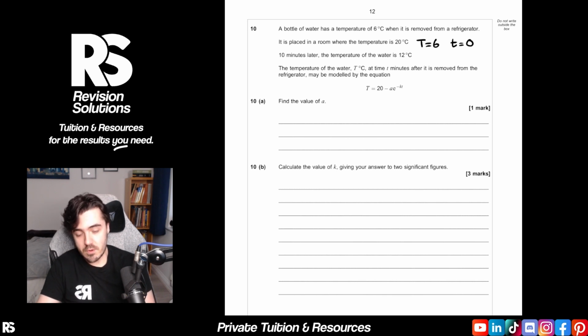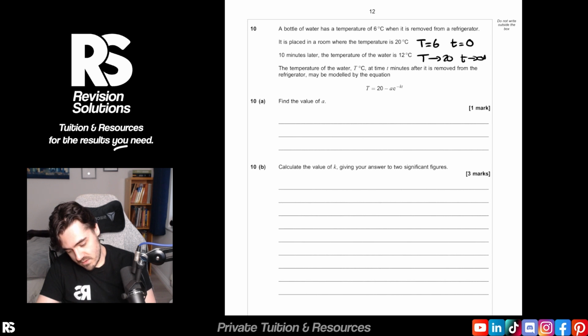That would make sense for a bottle of water. So we'd want big T to tend towards 20 as little t tends towards infinity. And then 10 minutes later, the temperature of the water is 12 degrees centigrade. So we also know that big T equals 12 when little t equals 10.